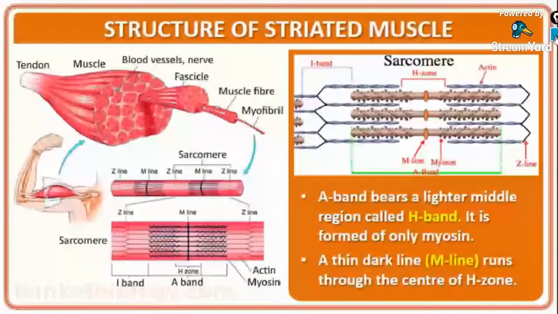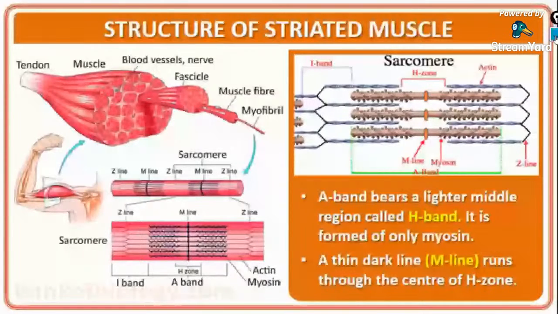Have you got the point? Those who studied this earlier, Shraddha, Shivani, Srujana, Nila, I think you can easily catch this. So the H band refers to the middle region of the thick band which is not overlapped by a thin filament. That is the H zone.